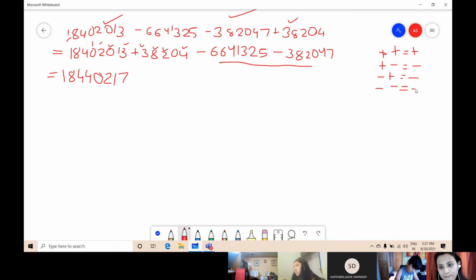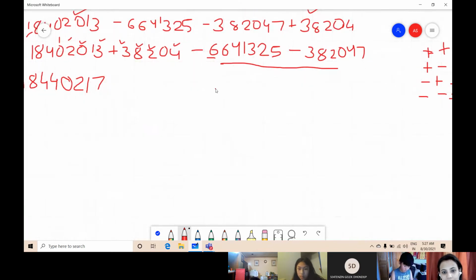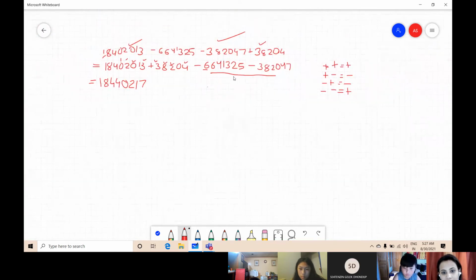We will add. This rule we have seen in the previous class. So see here, these two numbers have the subtraction sign. So now what you will do? We will add. Minus minus we will add, according to this rule.